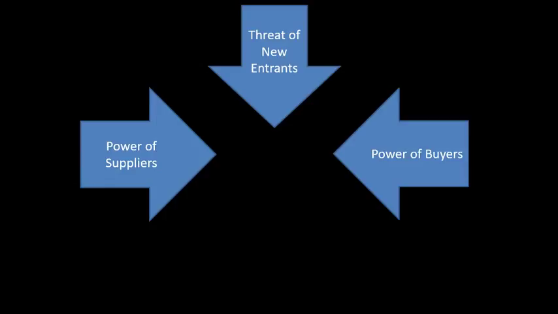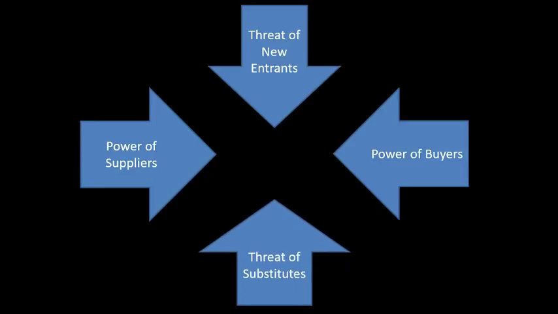Need to get a landing slot at Heathrow and JFK. It's not going to happen, is it? So some industries, it's very easy for new competitors to come in and also leave the market. Some industries, it becomes more difficult to do that, and that has an impact on the overall intensity of the rivalry of the industry. Finally, the threat of substitute goods.